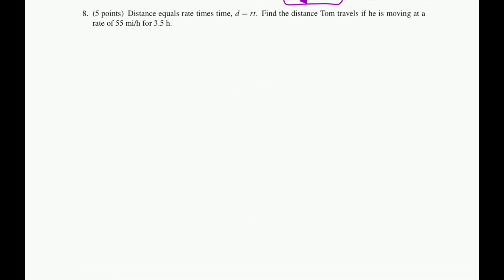Number 8. So distance equals rate times time, or as an equation, d equals rt. And then we need to use that equation.